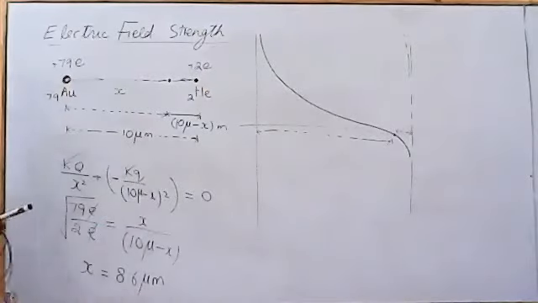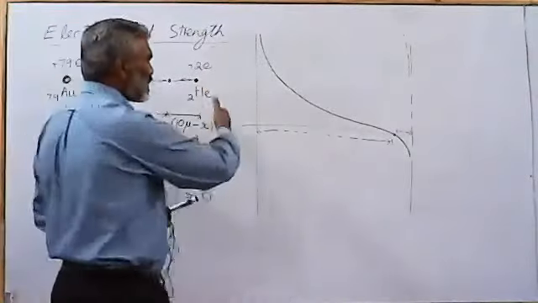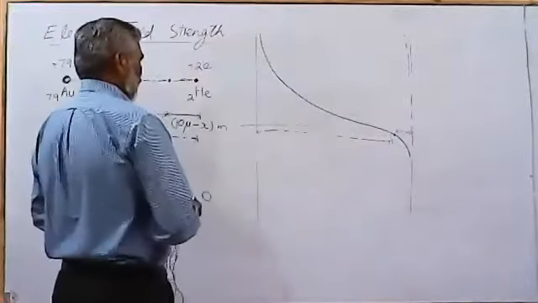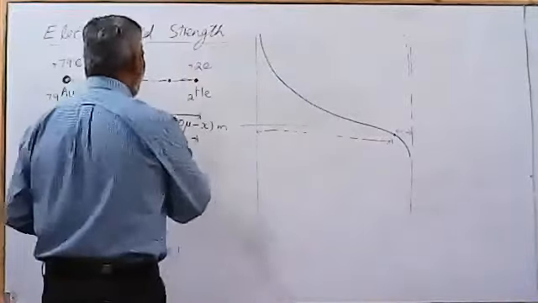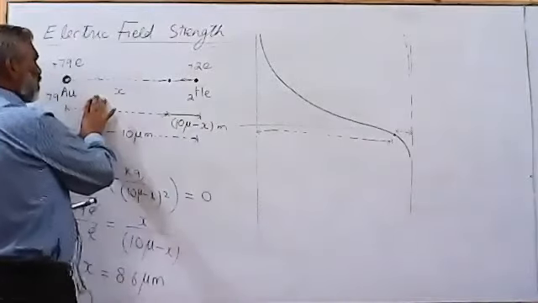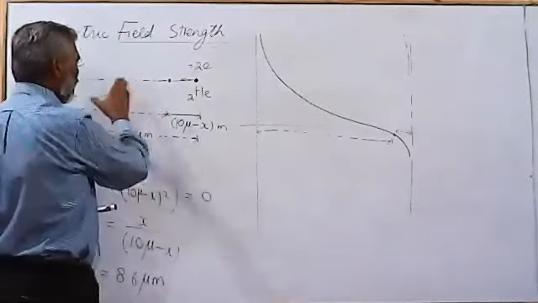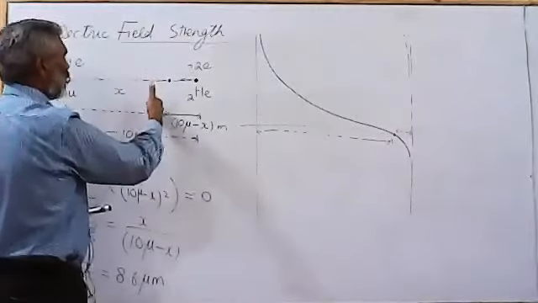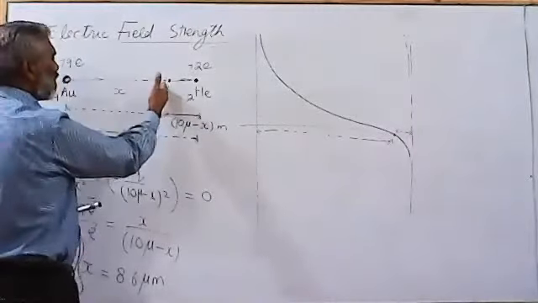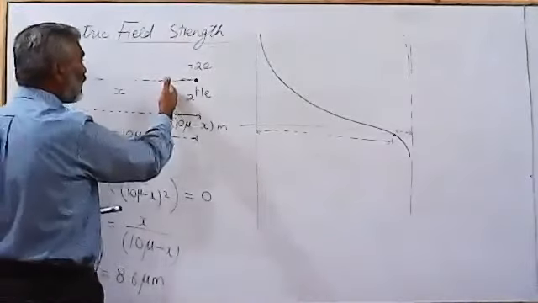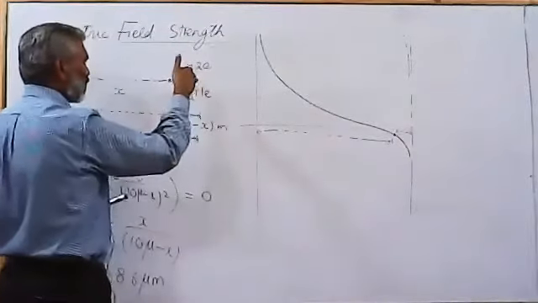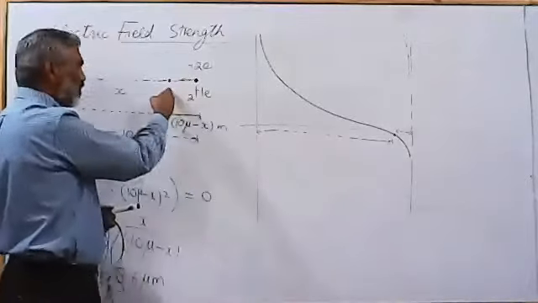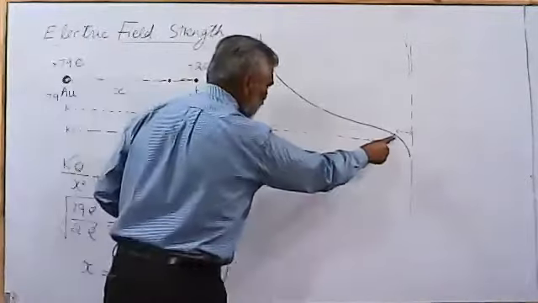So the total becomes, so this is that part of the graph where the electric field of this is stronger, but as we move away from this charge, the field becomes weaker and weaker. And this is the point where it becomes so weak that it becomes equal and opposite to the electric field of the alpha particle, and that is the point where the field becomes 0.